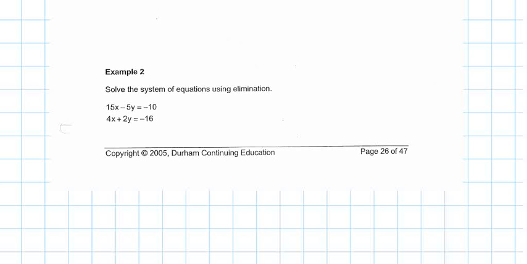If we look at the y's, it's negative 5 and 2. So they don't have the same coefficient, and I can't just do simple elimination by subtracting or adding right away. There's a step that I need to take before I do the elimination.